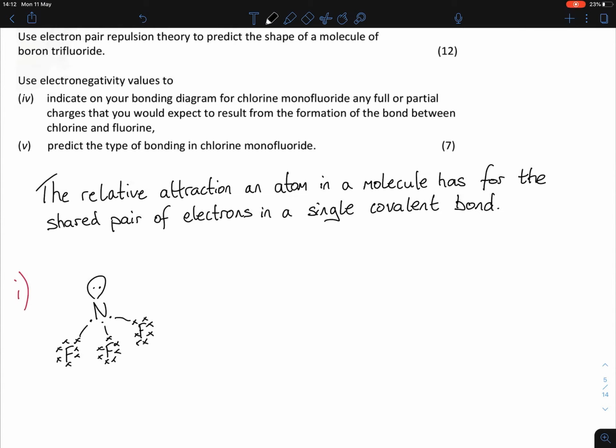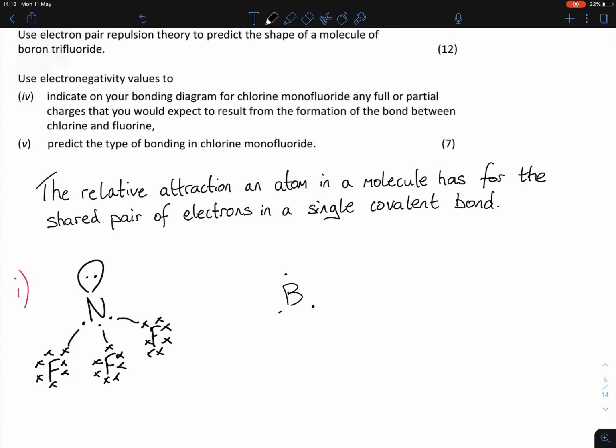And if we're looking at BF3, that means it's going to have 3 bonds as well. So I'm just going to do 3 electrons as far apart from each other as possible. And we put in our fluorines here, and fluorine there.